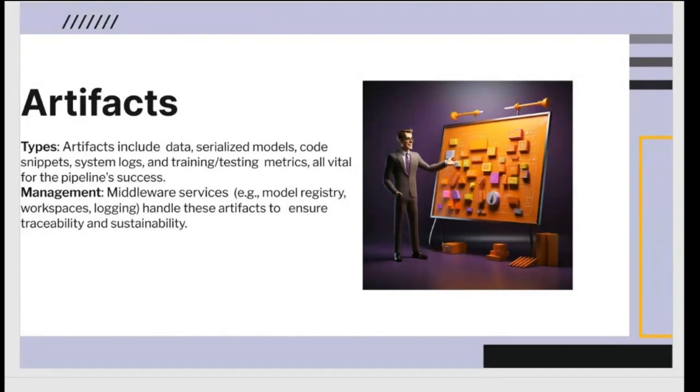So for an ML algorithm, these are the mainly important components. These artifacts are essential: the code snippets of training code or test code, system logs, and serialized models. Serialized models are algorithms, such as SVM, Naive Bayes or CNN, any of the algorithms, and the various training and testing metrics.